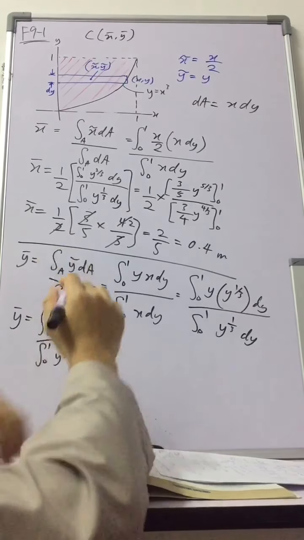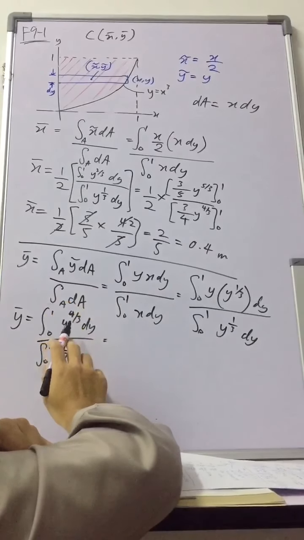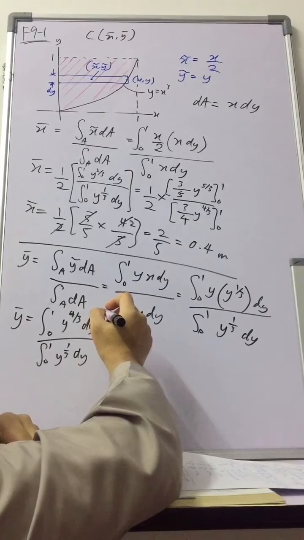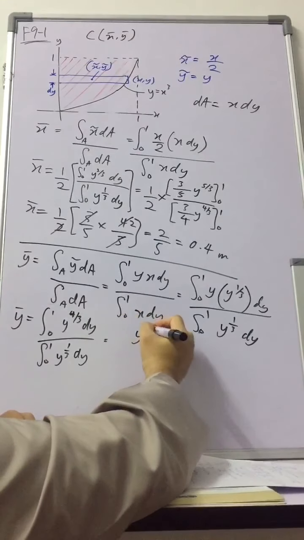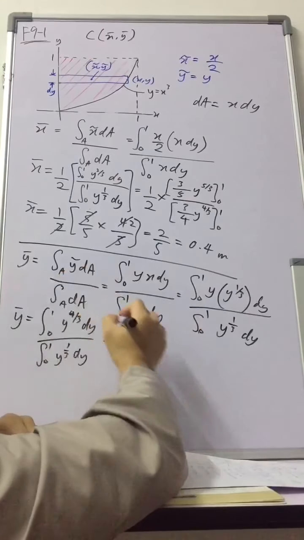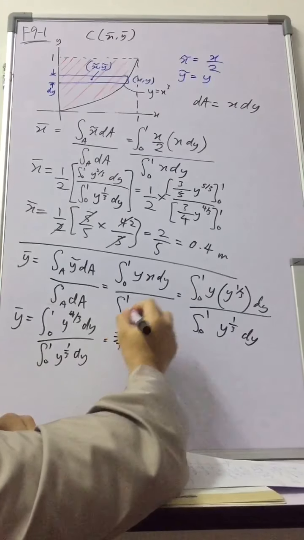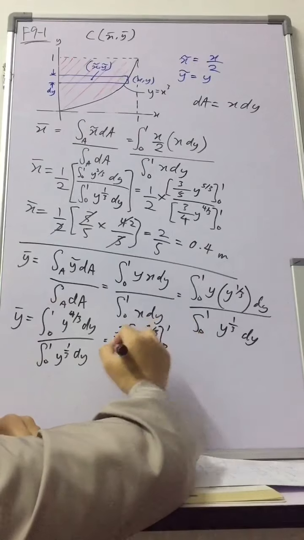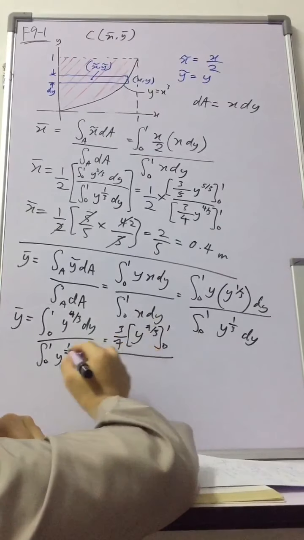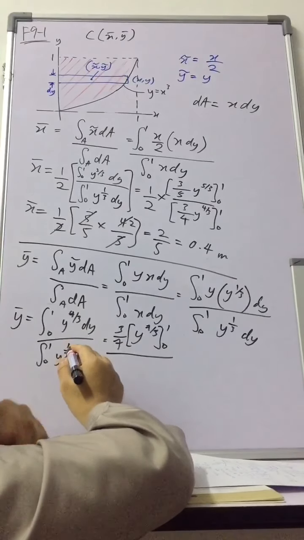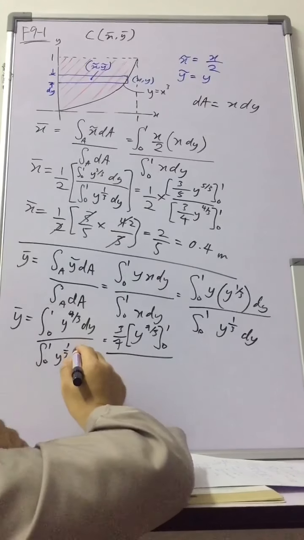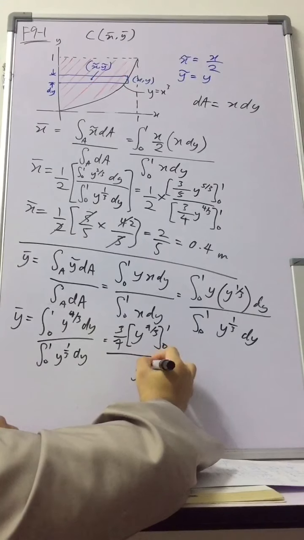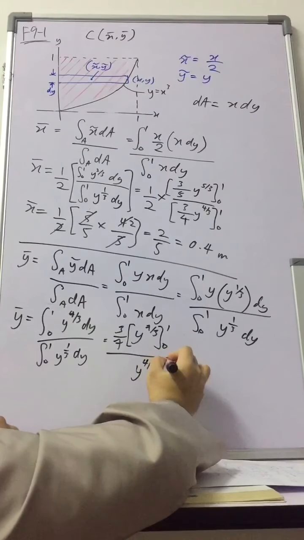Let's do the integration. 4 over 3 plus 1 becomes 7 over 3, so y to the power of 7 over 3, from 0 to 1, the boundaries. And the bottom one, y to the power of 1 over 3, if you integrate that, plus 1 becomes 4 over 3, so y to the power of 4 over 3, from 0 to 1.